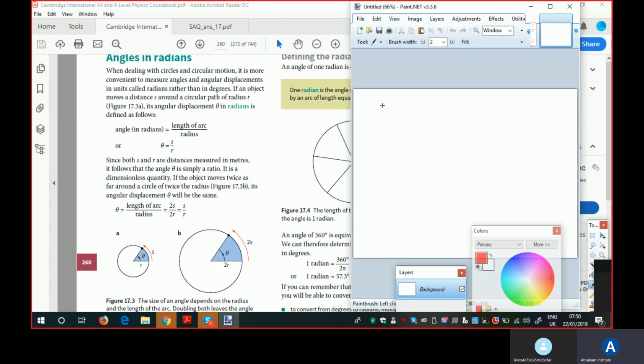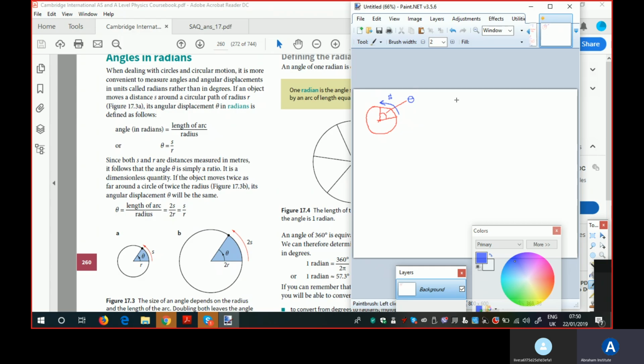Okay, so let's say we have a circle. And say this is the center of the circle, and let's say from here to here, this angle is, let's say, theta. Okay, so this angle is theta, and then let's say this arc length from here to here, let's say that is S. In the maths textbook they call this L. Okay, now we will use S here because it's a displacement.